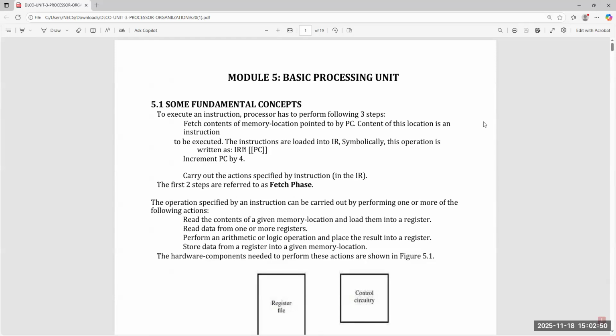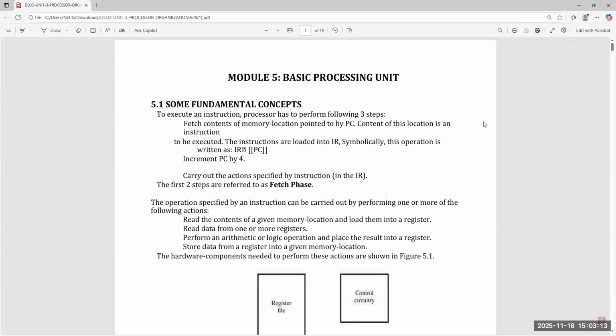pointed to by PC. PC stands for program counter.